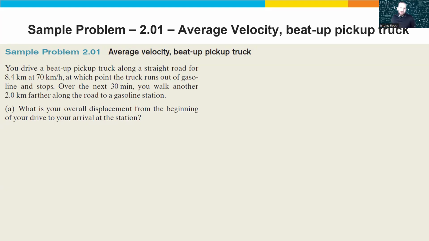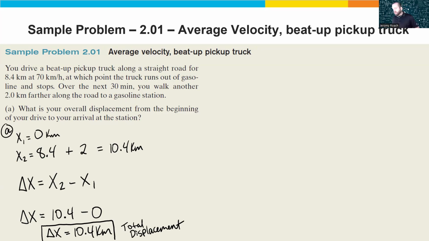So we're driving down the road in a truck, and we're going about 8.4 kilometers, and we're traveling at 70 kilometers per hour. Then the truck runs out of gas and it stops. Over the next 30 minutes, we walk another 2 kilometers along the road to a gas station. We want to find for part A what's the overall displacement from the beginning of the drive to our arrival at the gas station.